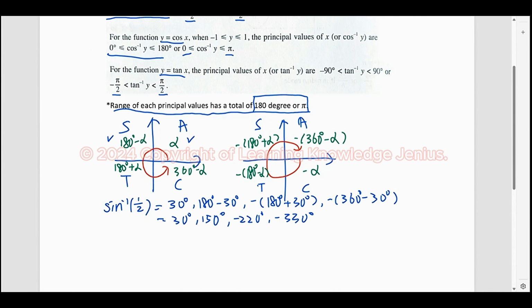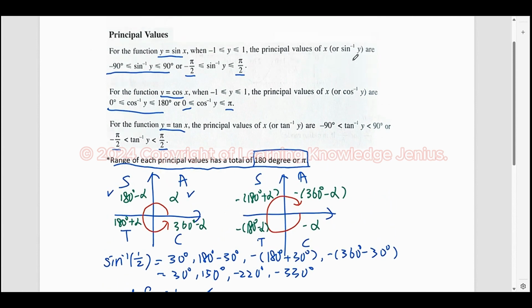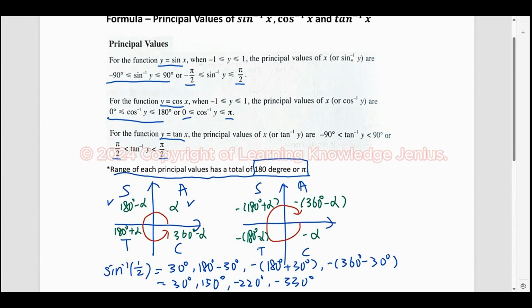So what is special about the principal value here? It actually gives you a definite answer, a definite angle, if you refer to the range. For example, for sine x, we have a range between negative 90 to 90.